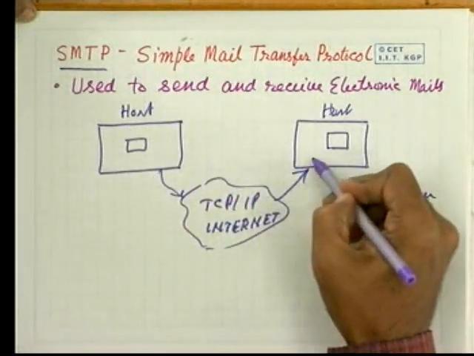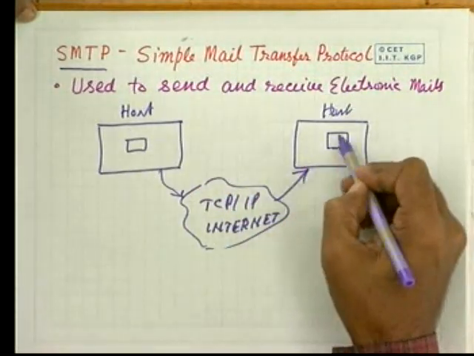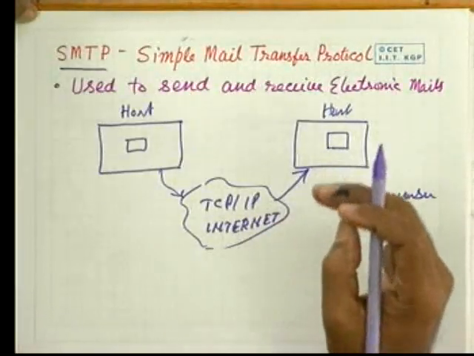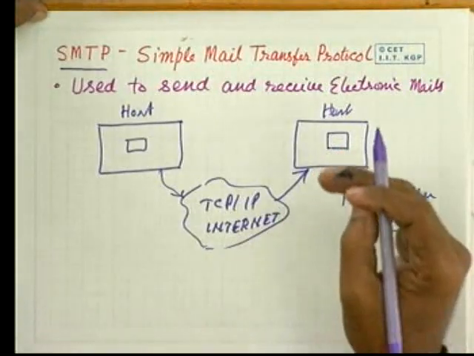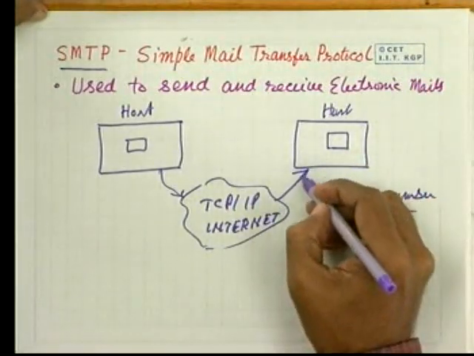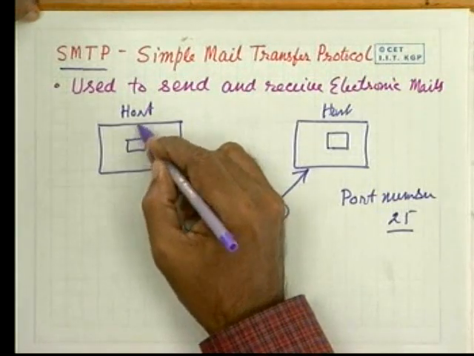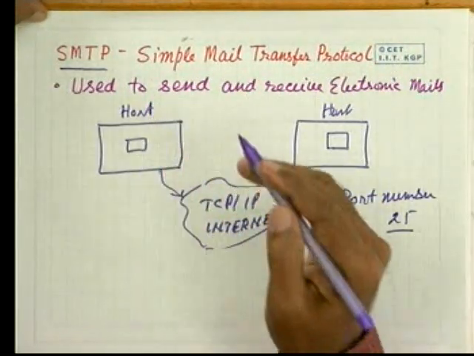So it is not one-way communication. The destination host, or destination application, if it wants, can send an error message that this particular mail cannot be delivered to the destination user or application program, and then it is returned back to the sender, and the sender will know after receiving that error message.